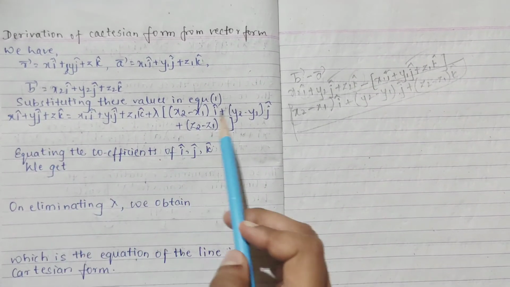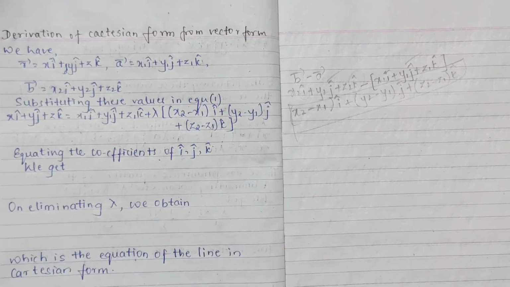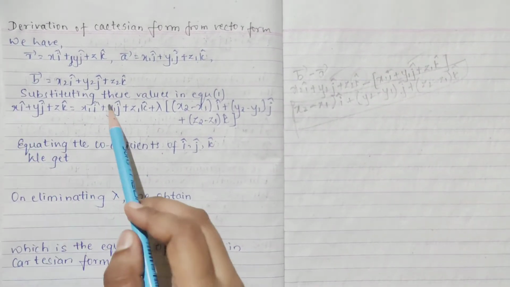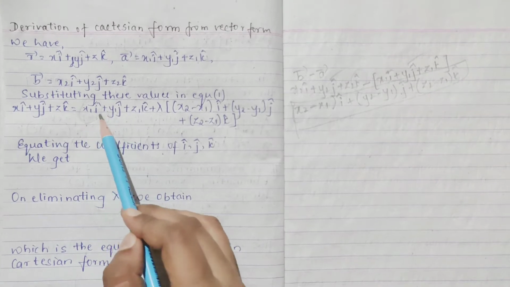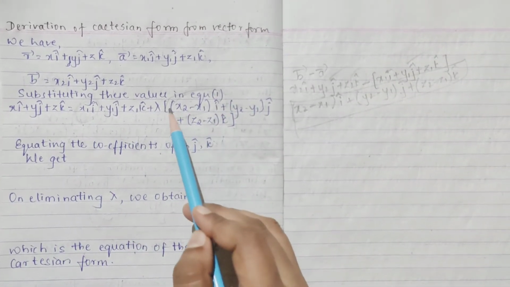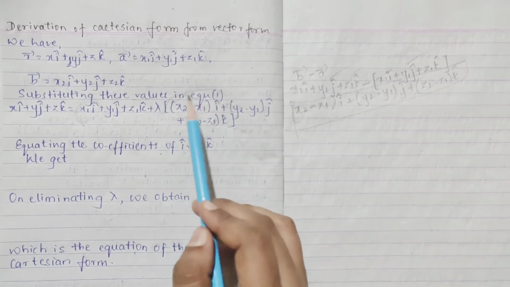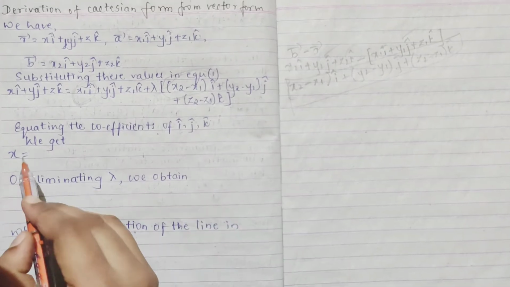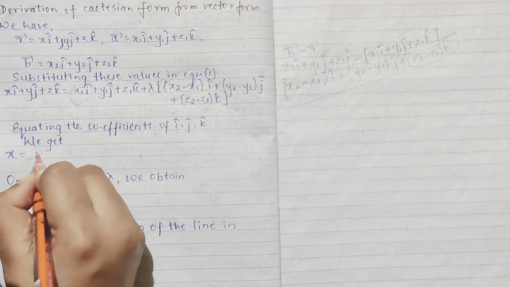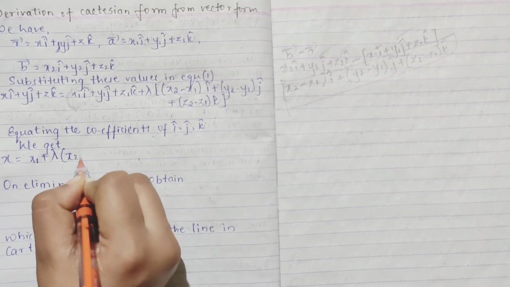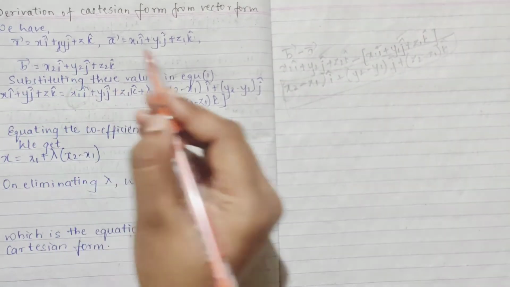Same, you have to equate the coefficients of your left hand side and your right hand side. So what we get: x will be equal to, here you have one i coefficient, here also you have an i coefficient. First we will group your right hand side, then we will equate. So x is equal to x1 plus lambda times x2 minus x1, of i.